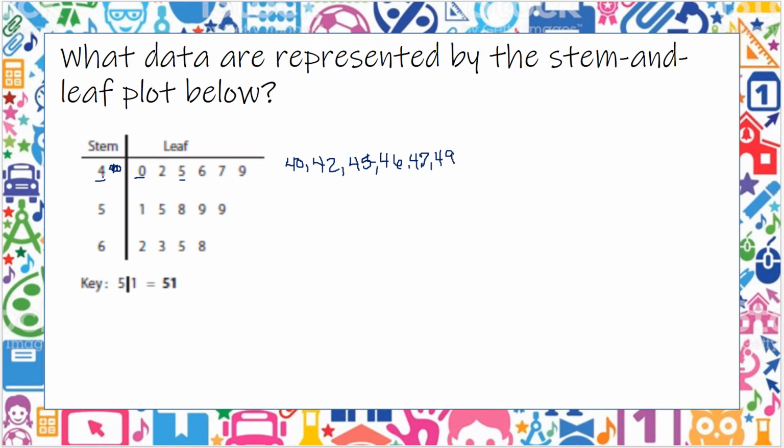Then the next row, the 5 is in the tens place, so we'd have 50, and then the leaf is the ones place, so 51, 55, 58, 59, and 59. Then we have 62, 63, 65, and 68. So that is our data that's represented by that stem and leaf plot.